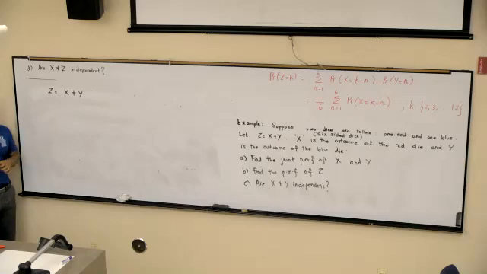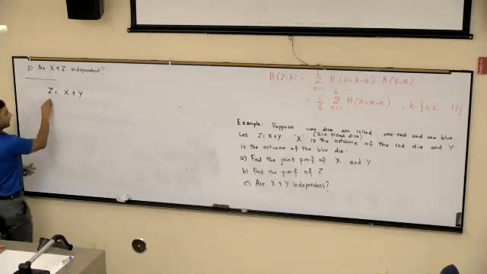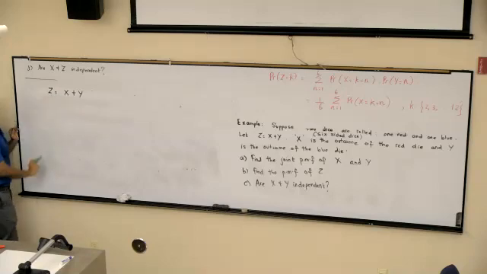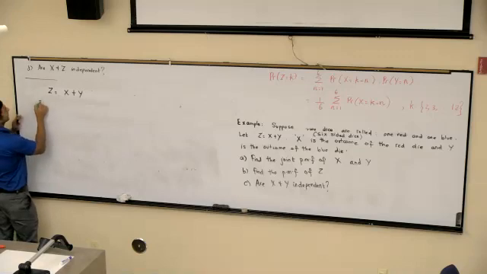If I write z to be equal to x plus y, then z has to depend on x, and it also depends on y. Does that make sense? So here, z and x are not independent.